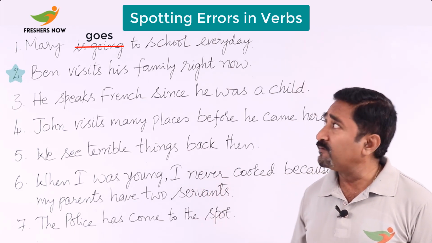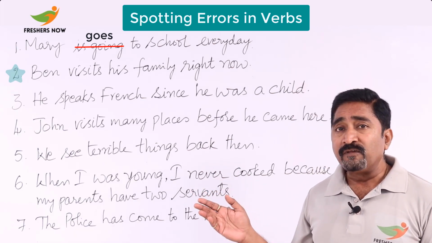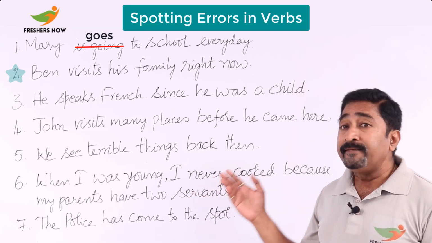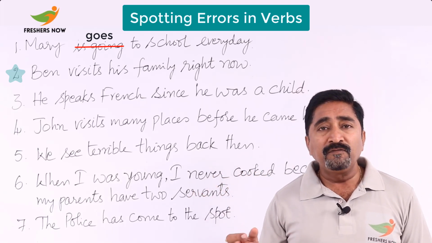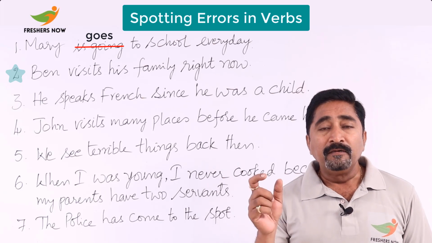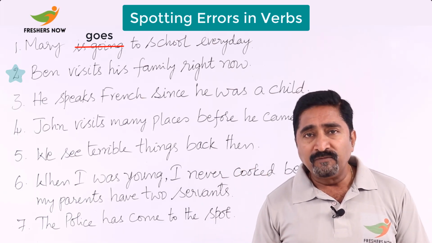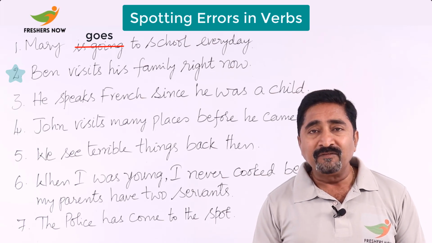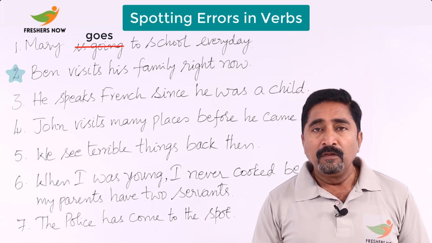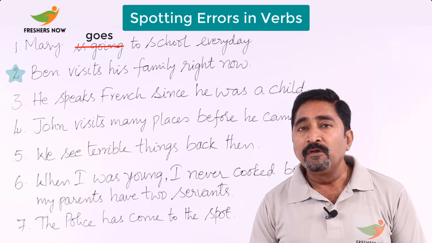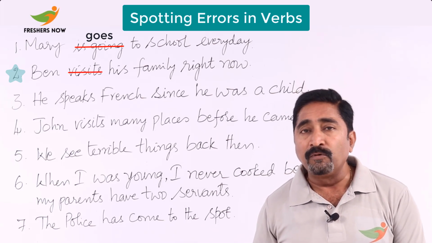Now see the next sentence. Ben visits his family right now. Here we have to be very careful that an adverb, right now, is used. But that is spontaneous, which is on the spot, which is to speak about an action in progress.